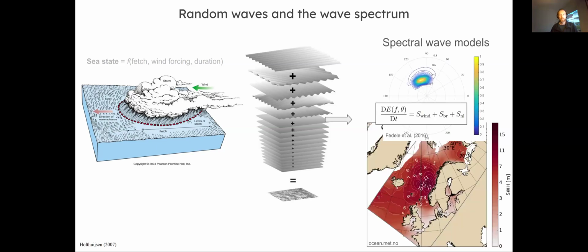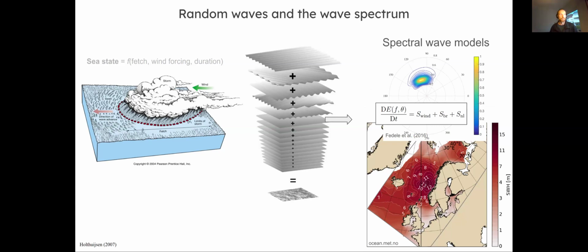So we can also numerically simulate the wave field, if we, for example, want a wave forecast for a certain location. So most commonly, especially for large domains, for example, the Norwegian seas, like in the figure here at the bottom, we actually simulate the evolution of the wave spectrum and not the individual waves themselves.